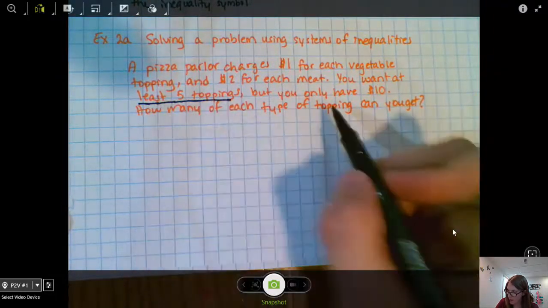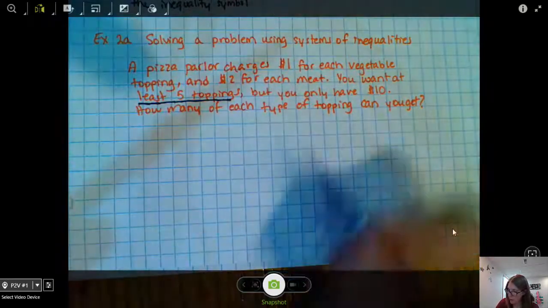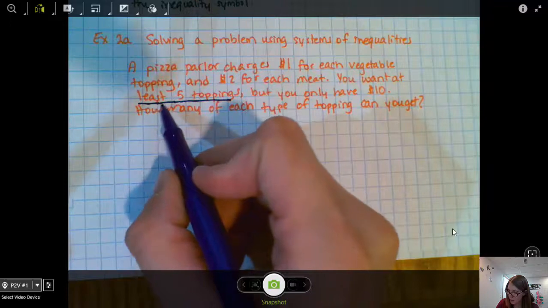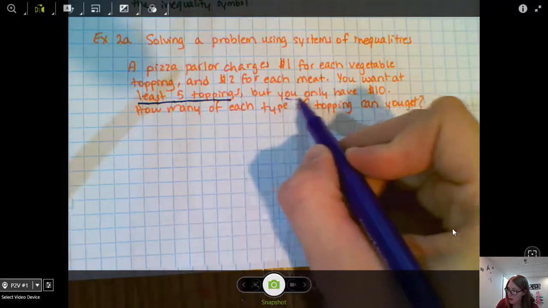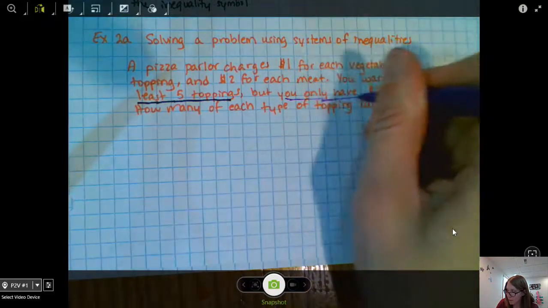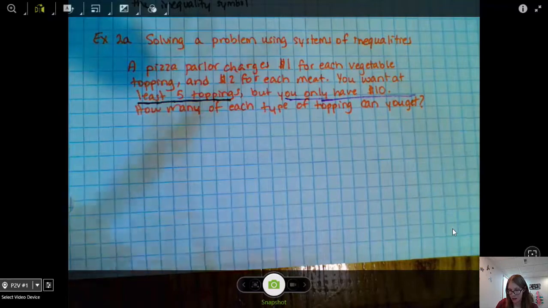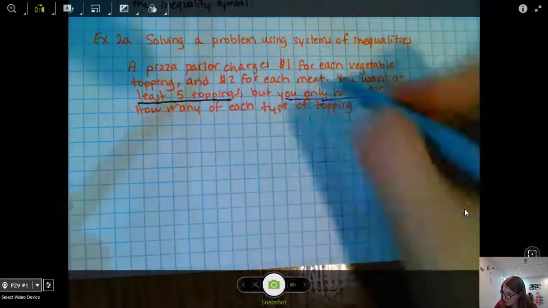You want at least 5 toppings, but you only have $10 to figure out what our 2 inequalities should be. So I've noticed we're going to have 1 inequality for the number of toppings and 1 inequality for the money that we have. And that pen is dying. We'll use this one instead.